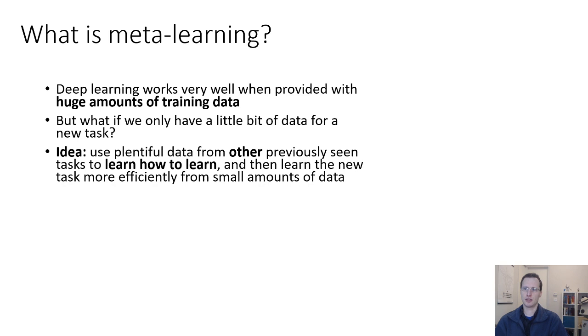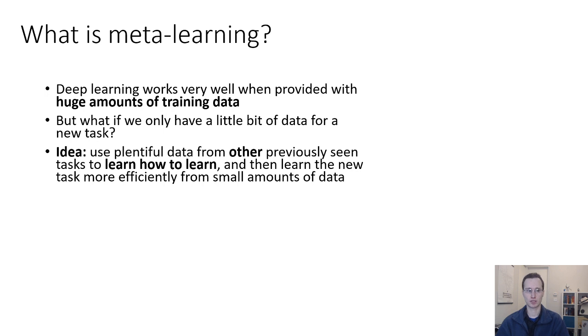Well, one idea is that if we have plentiful data from other previously seen tasks that are somehow similar to the current task, perhaps we can use them not to learn the new task, but rather to learn how to learn. Then, using this understanding of how to learn efficiently, we can learn the new task more efficiently, even from small amounts of data.